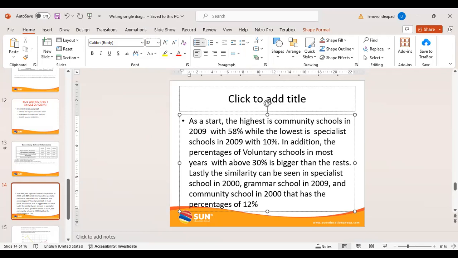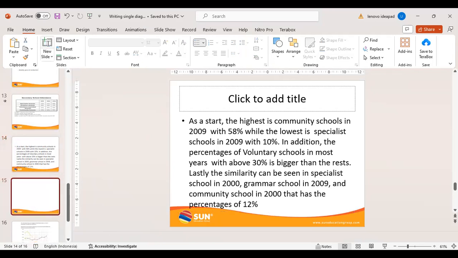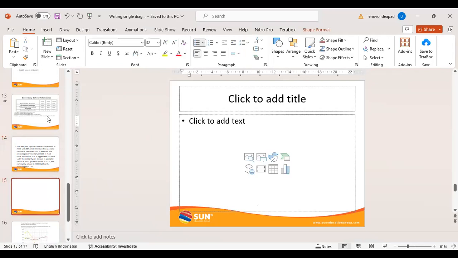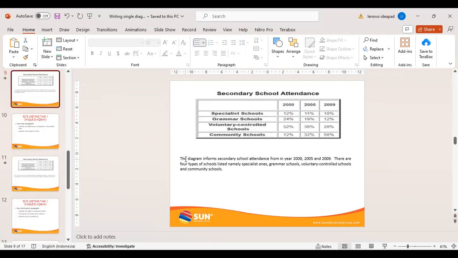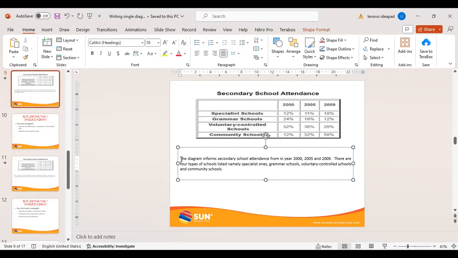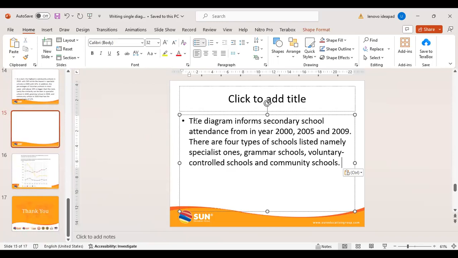Paragraph 3, done. Now, let's combine all of those 3 paragraphs and find out, have we reached 150 words? Okay, so where's paragraph 1? Paragraph 1. Then paragraph 2.